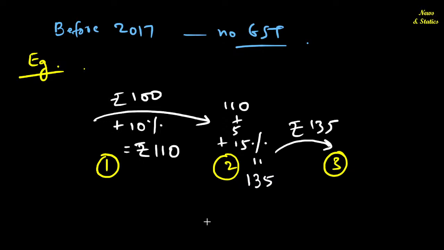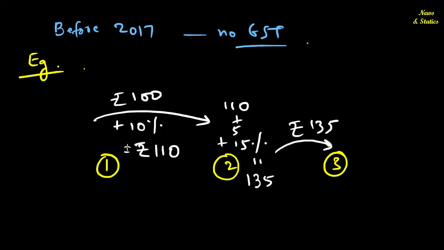Now the concept of GST is that it is a destination based tax, and therefore all the burden has to be borne by the final consumer, not by any of the intermediate consumers. Whenever a person sells a commodity, he is the seller and he has to file the GST returns.